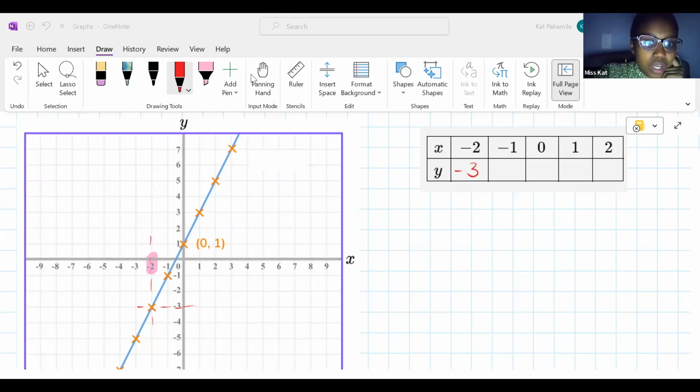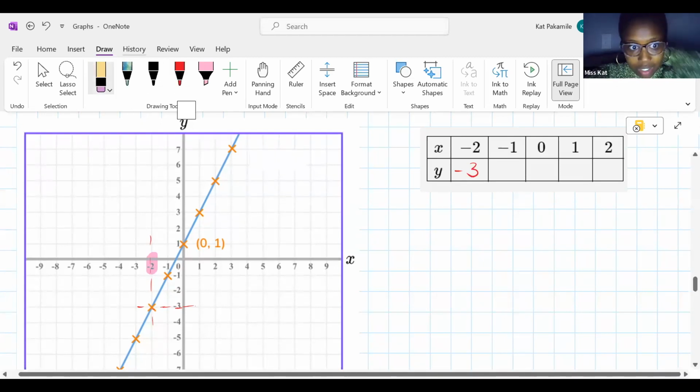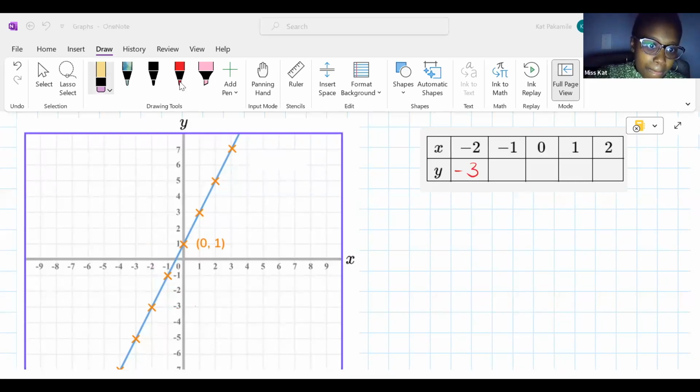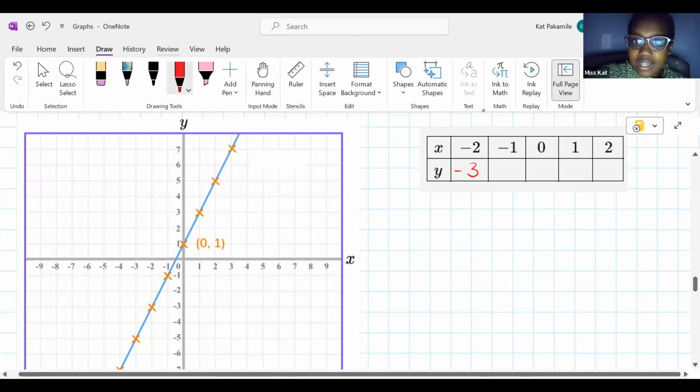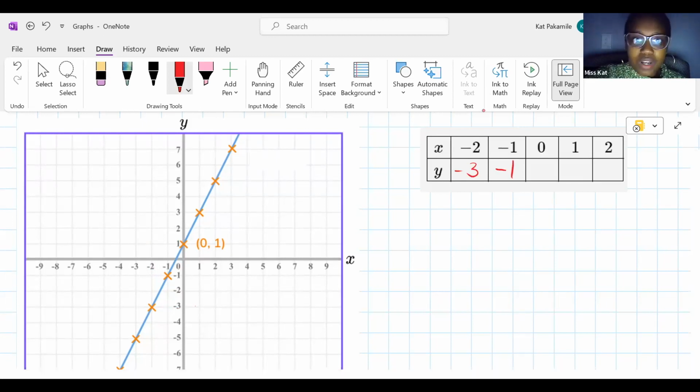Okay? And then when my x value is -1, tell me what my y value is. What is my y value when x is -1? Can you see it? It's -1. Yes, the y is -1. Beautiful. Thank you. Then next, if my x is 0, what is my y value?